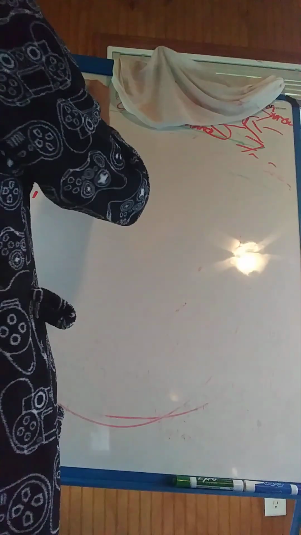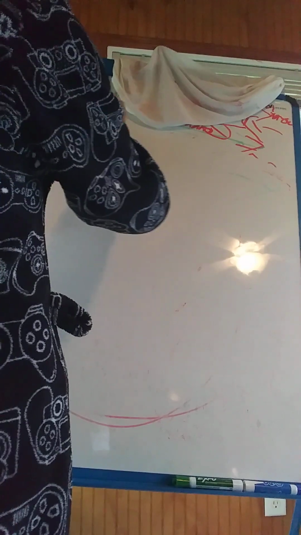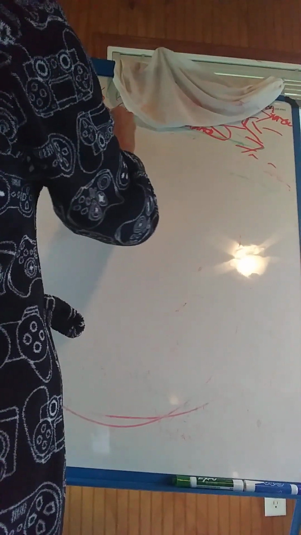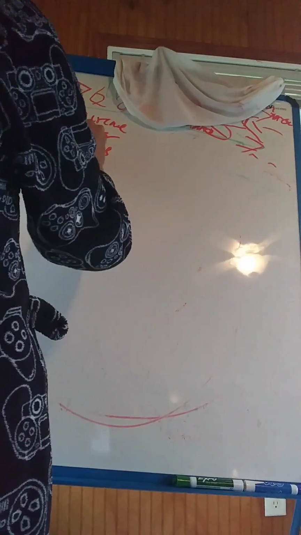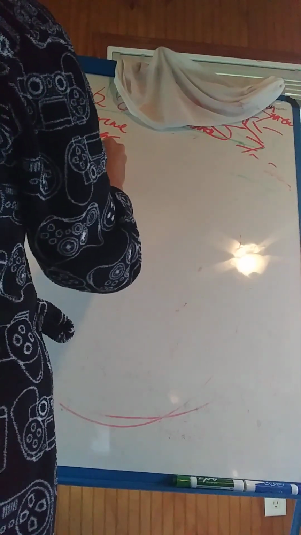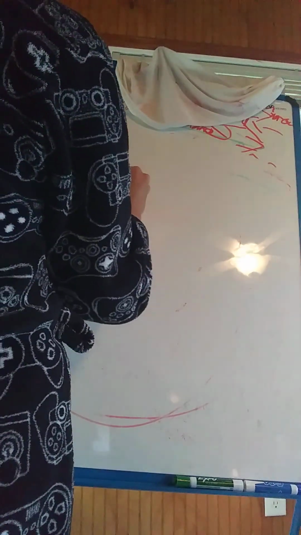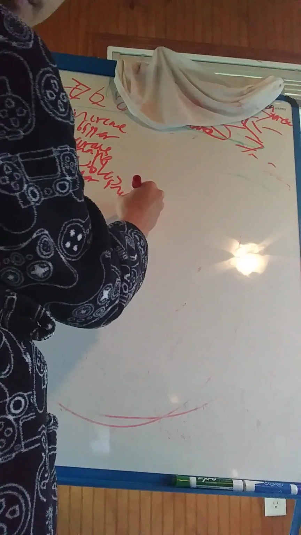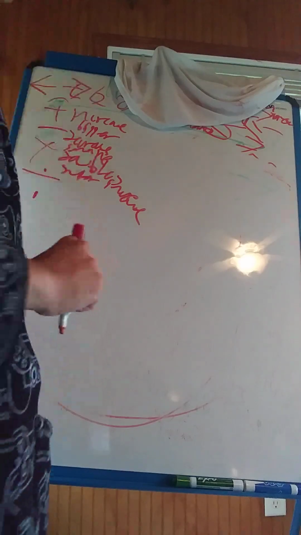So we have increase, big, bigger, decrease, smaller, double, or super increase, and then middle decrease.